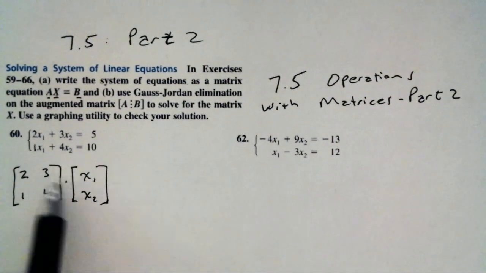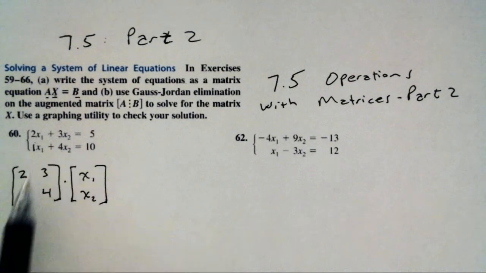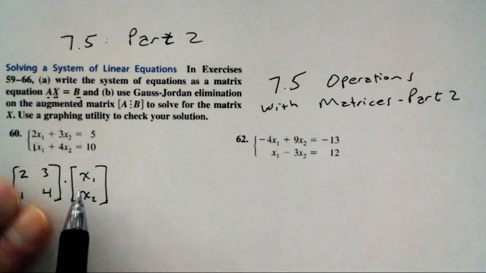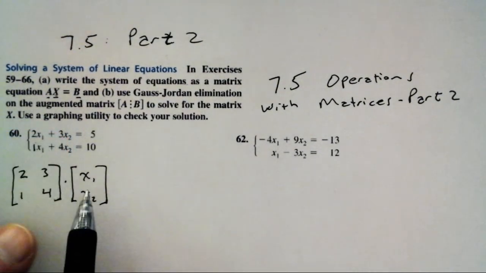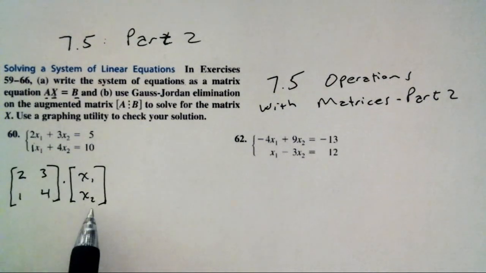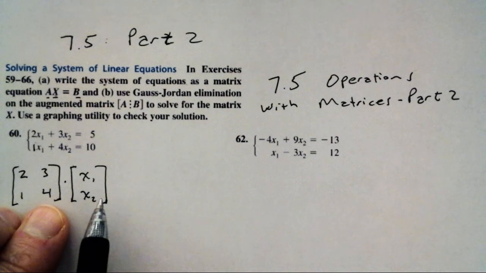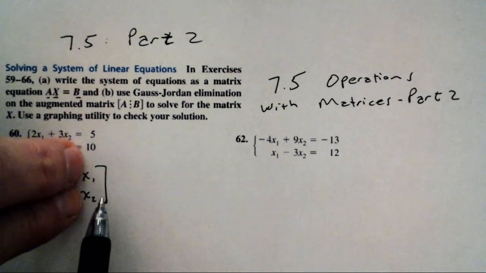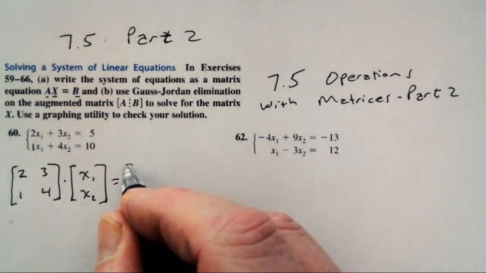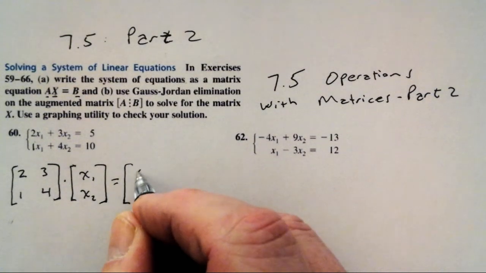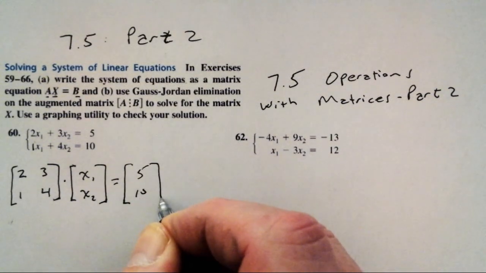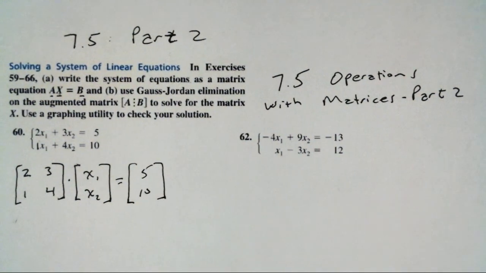2 times x1, 3 times x2, good, and then I'd get 1 times x1 plus 4 times x2. This is first row, first column, second row, first column, so this is going to be the 2 by 1, 5, 10.